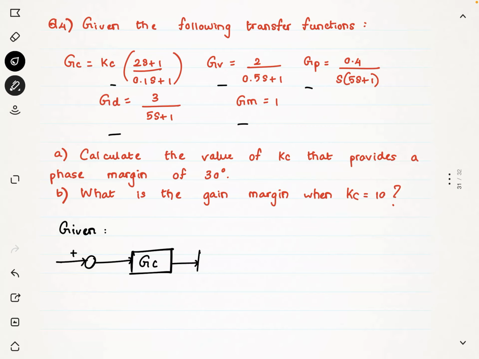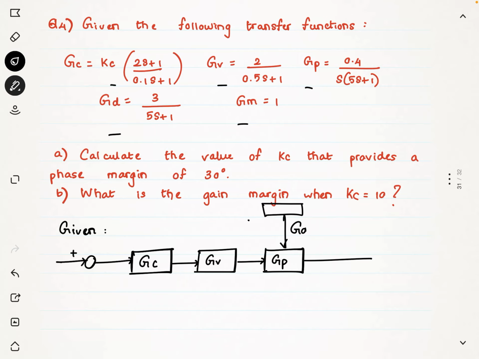GC, GV, GP, and there's a disturbance. The disturbance transfer function is GD.